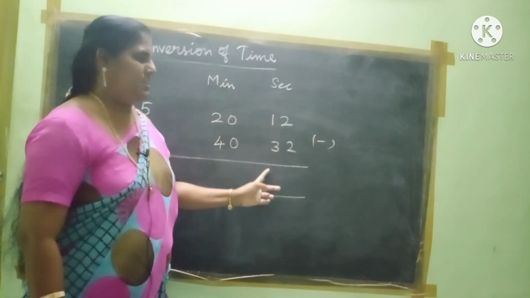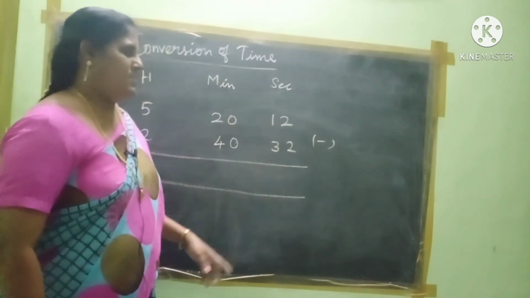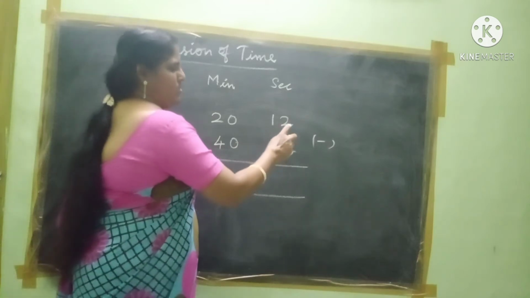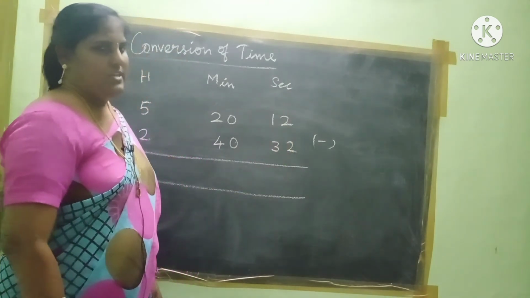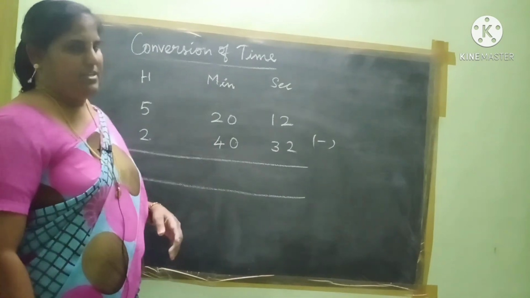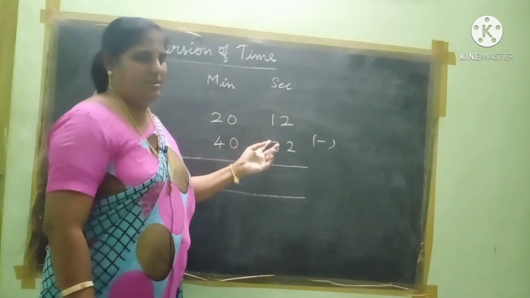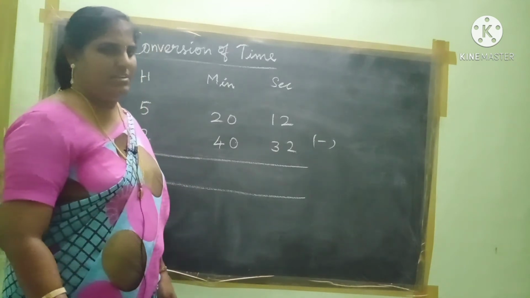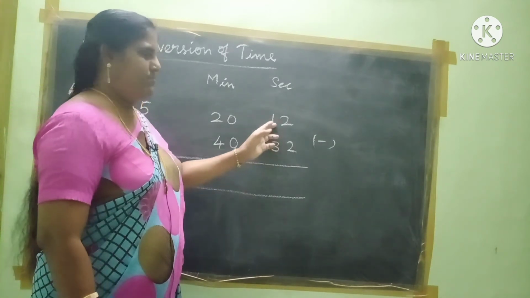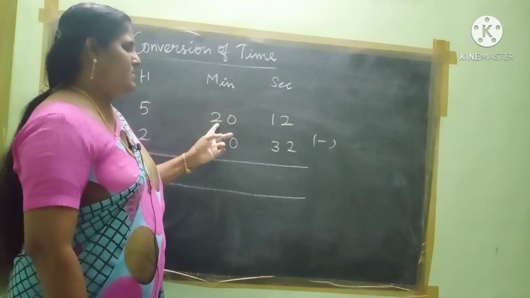First of all, you take the seconds. 12 is smaller than 32, so we cannot subtract the numbers. If we can't subtract, we will always borrow from the next number. So what is the next one?